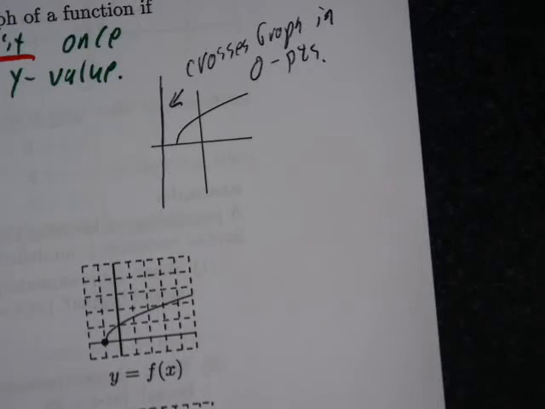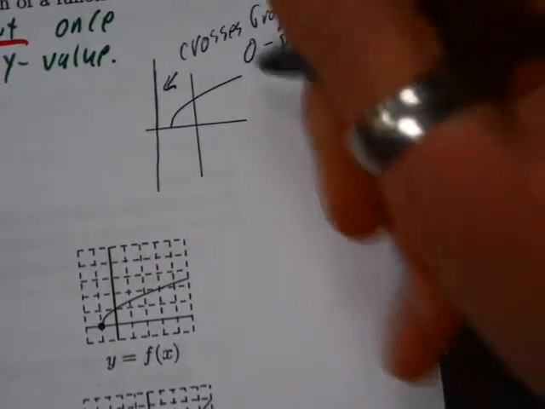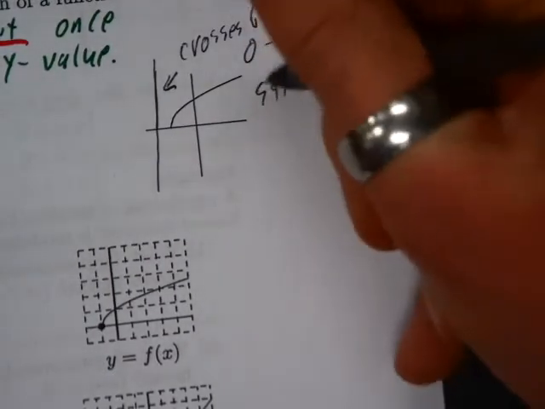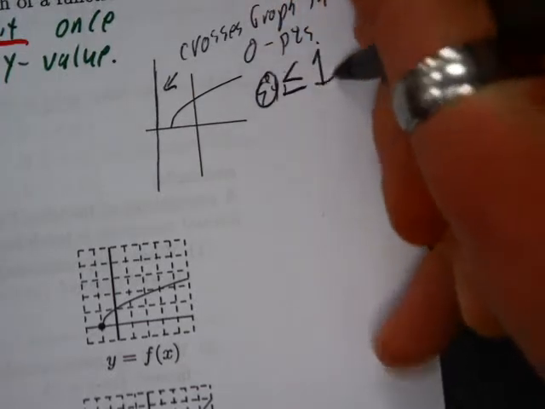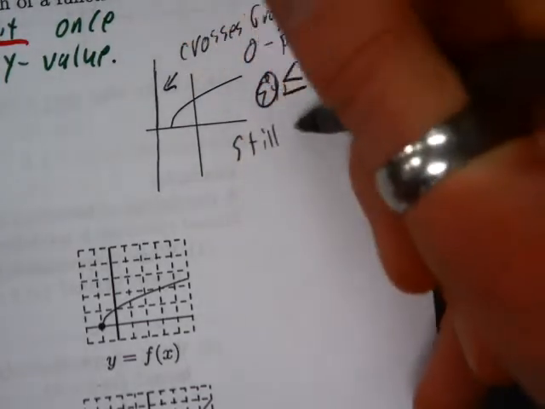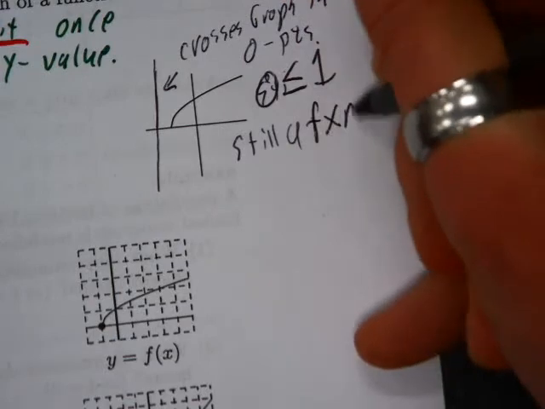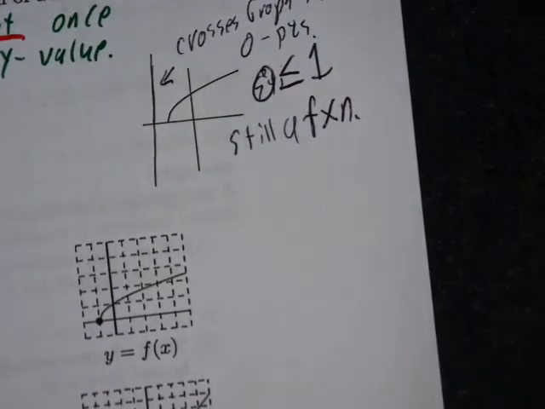Is 0 at most 1? Yeah. At most somehow means less than or equal to. So this is still fine. It's still the graph of a function. I guess that x value won't be in the domain of the function. Zero is less than or equal to 1. This is still a function. That makes sense? Good.